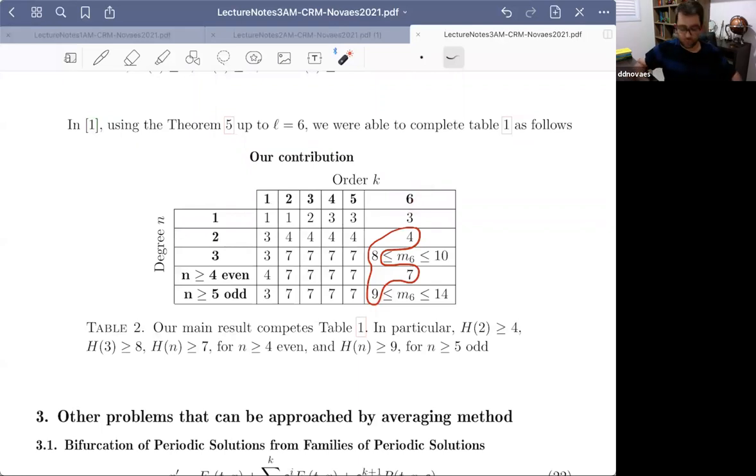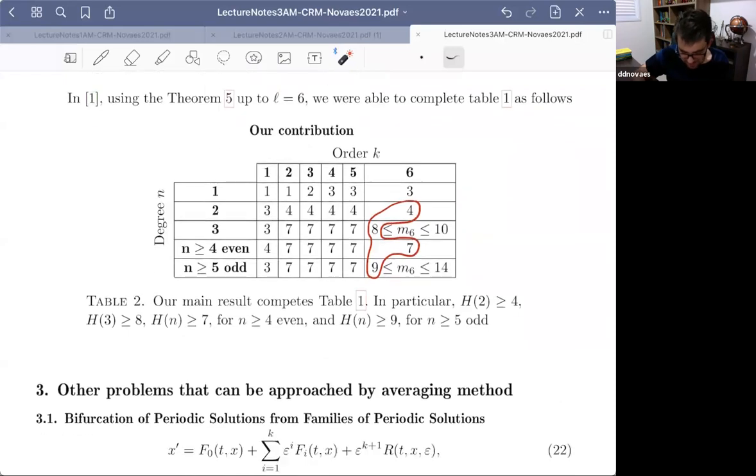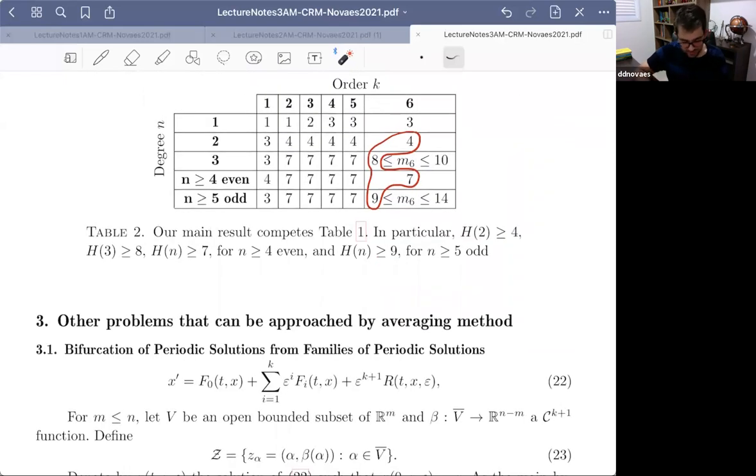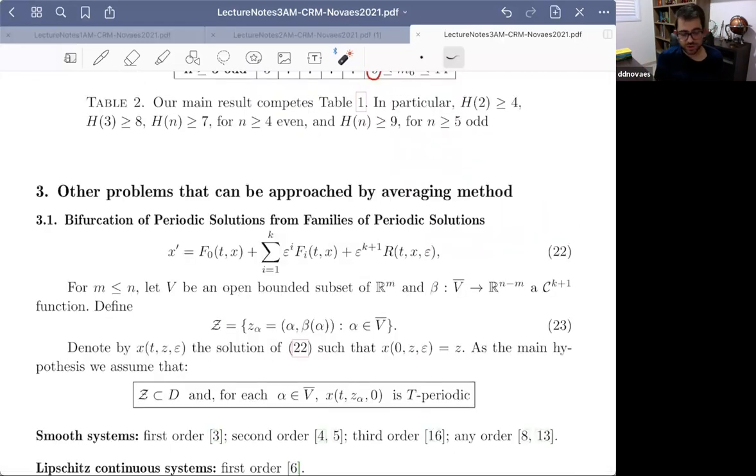I think I have 15 minutes, so let me comment on some results that do not appear here, some other problems that can be approached by the averaging method. The first problem that I would like to show is the bifurcation of periodic solutions, but now from families of periodic solutions.